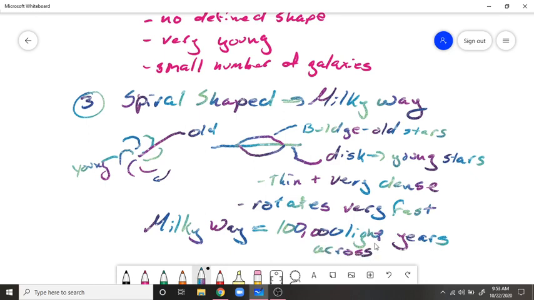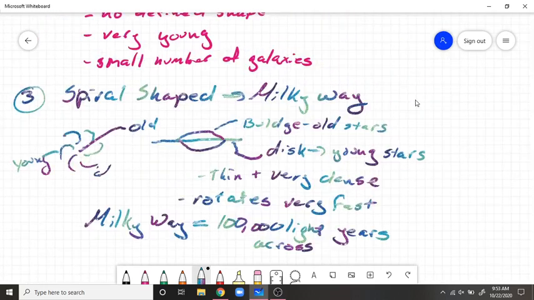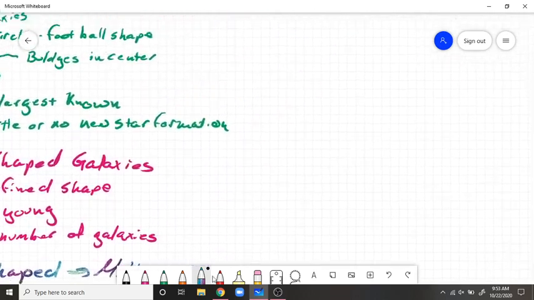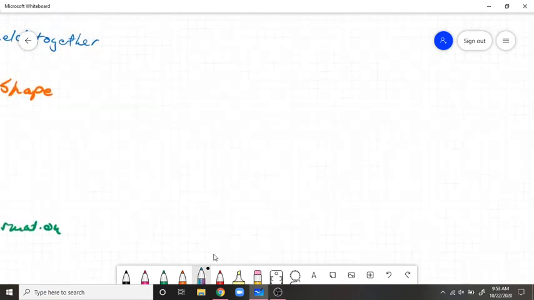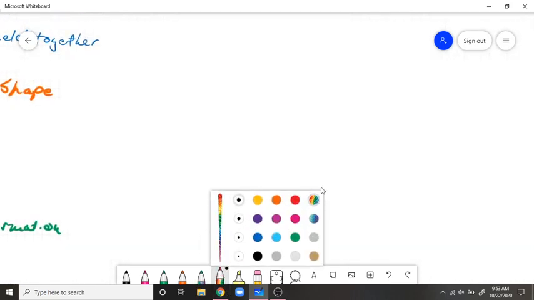That means it would take light from one portion 100,000 years to travel across the whole span of the Milky Way galaxy. But what does that actually mean? I want to talk to you guys for a moment about light years.